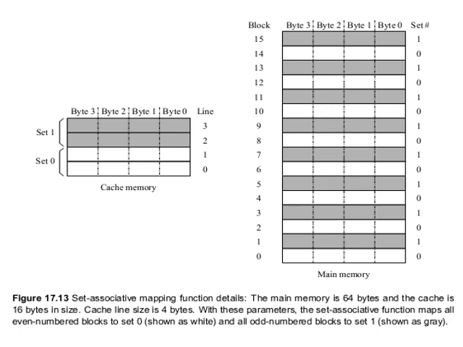To summarize, main memory blocks 0, 2, 4, 6, 8, 10, 12, 14 can go to set number 0, and main memory blocks 1, 3, 5, 7, 9, 11, 13, 15 can go to cache memory set number 1. Now within the set there are 2 lines, and the main memory block can go to any line of its specific set, whichever is free.